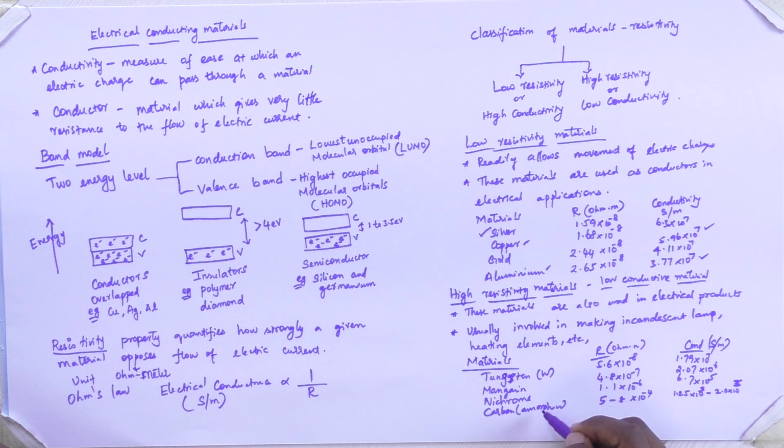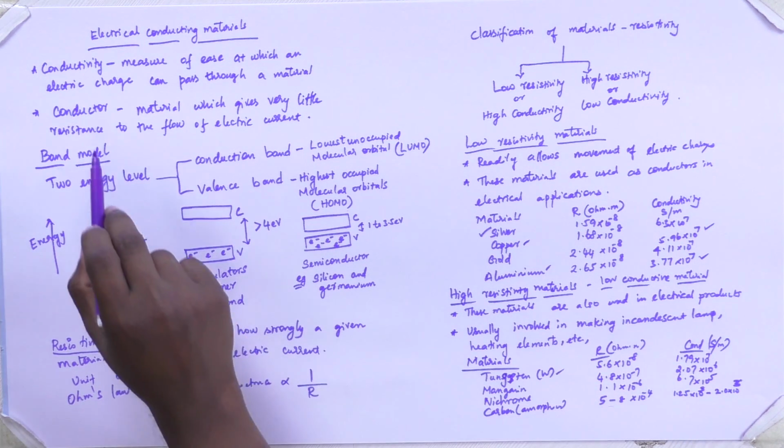So these are the materials which have high resistive values. Among them we have put the order, but usually these are all high resistive materials which cannot be used for electrical connections for conducting, but can be used for other reasons like heating or for producing light in the case of tungsten.